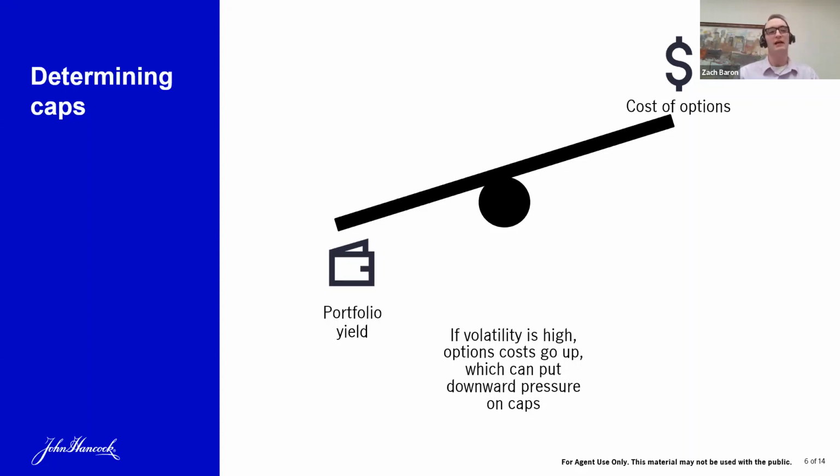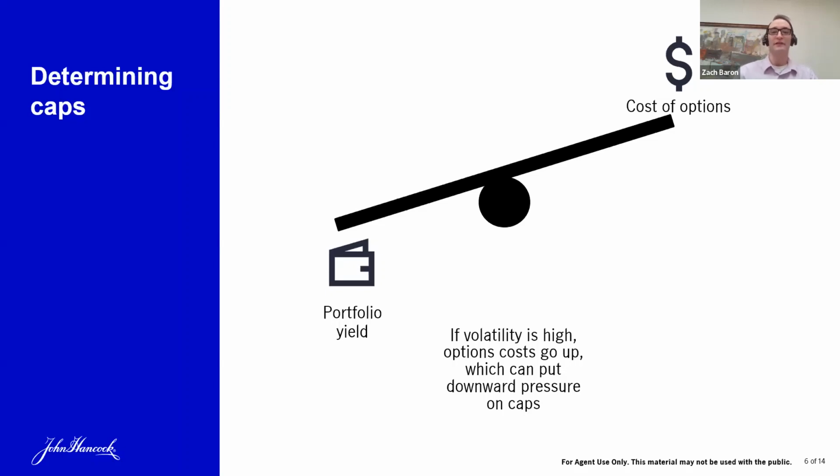So if volatility is high, they're going to shift you out of equities and into fixed income. And so the volatility will be maintained at the index level. What that means for us as a carrier is that the cost of options is fixed. So the only moving part on the parameters for these types of accounts is just the portfolio yield. And this is going to lead into the next discussion.